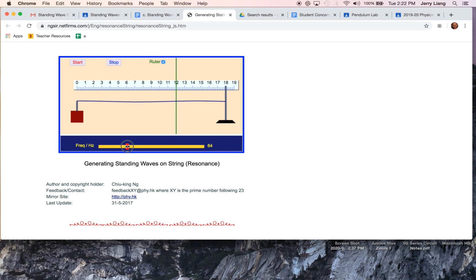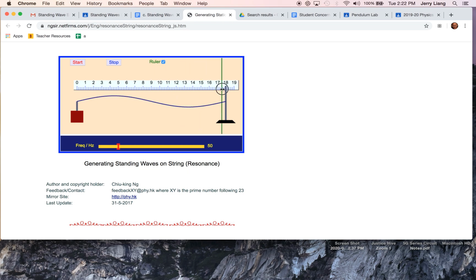If I dial it lower and go to 50, now I can see that I have two antinodes. So it's a harmonic of 2, and each one of these antinodes looks like it's 9.